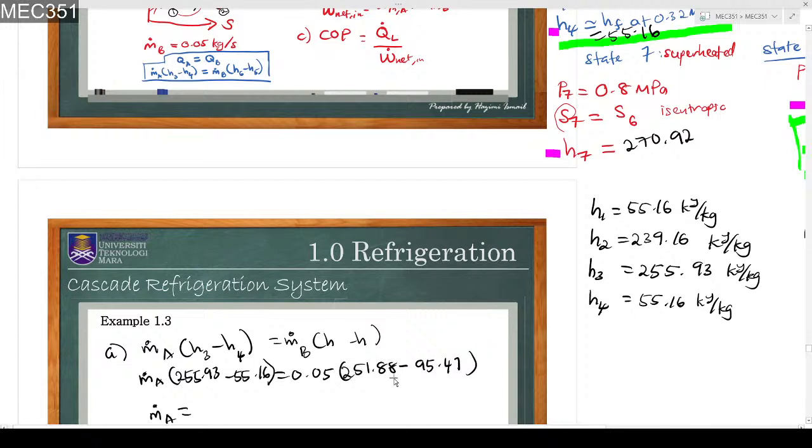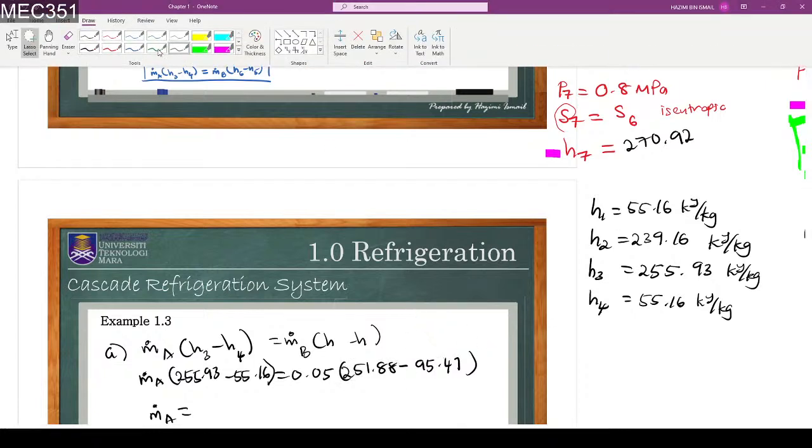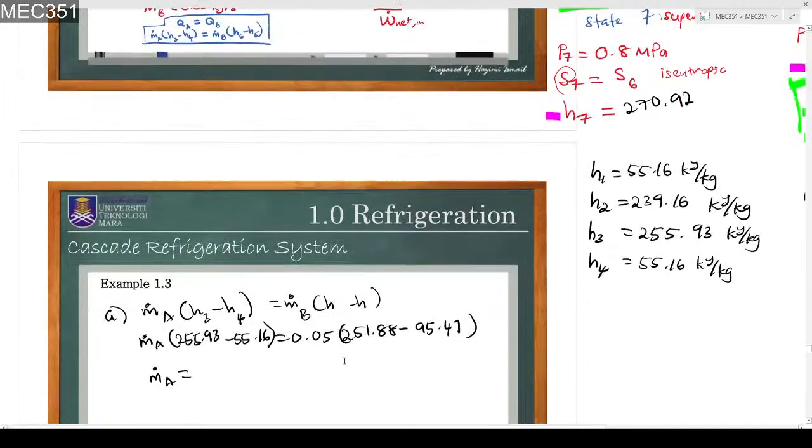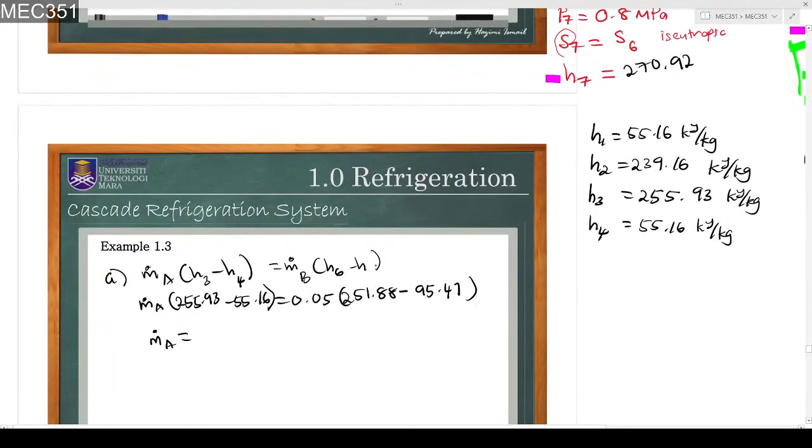Okay, 251.88 minus 95.47. Divide by 255.93 minus 55.16.